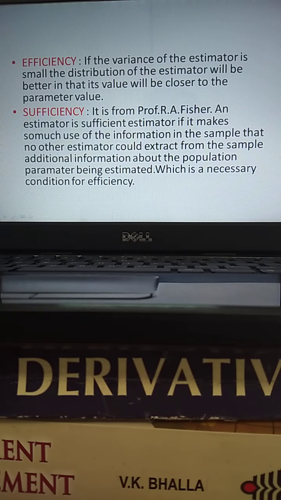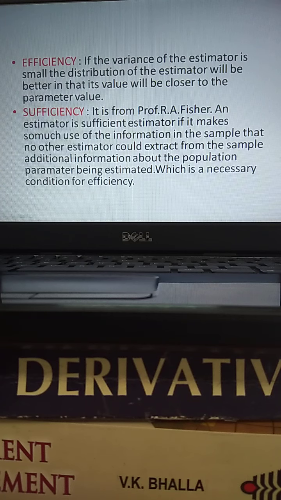The sufficiency. This property was given to us by Professor R.A. Fisher. He was known as the father of statistics. There are also so many distributions developed by him, the Student distribution, the F distribution.